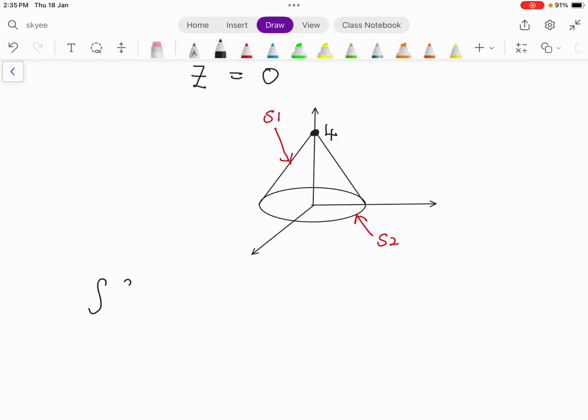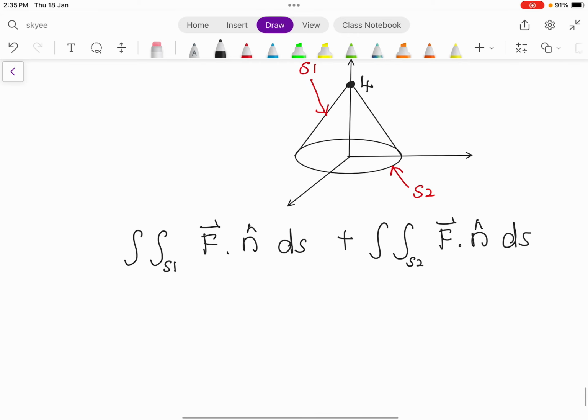The double integral of surface 1 of F dot n dS, plus the double integral of surface number 2 of F dot n dS.